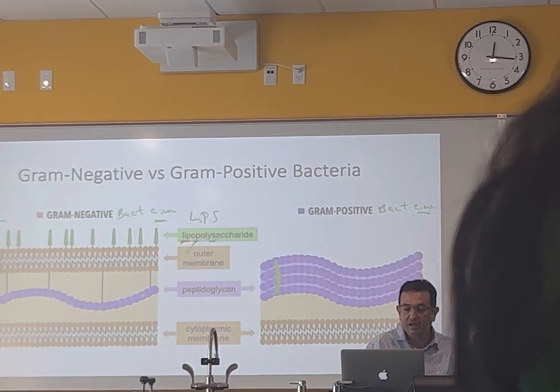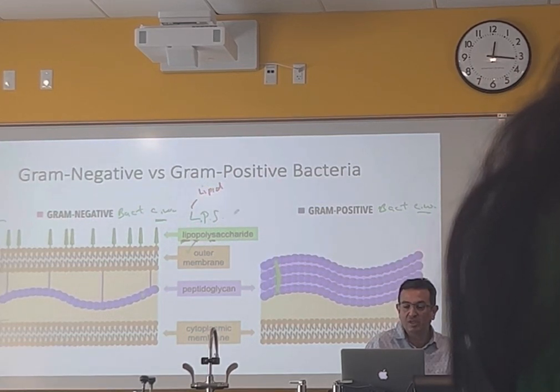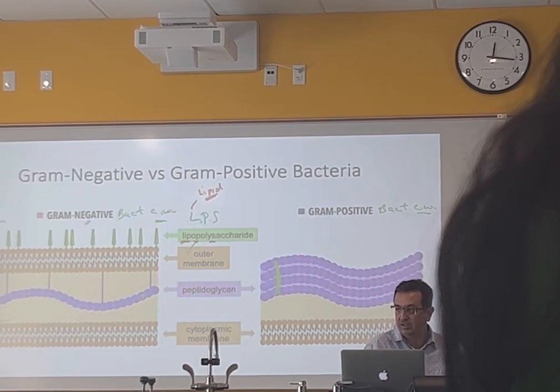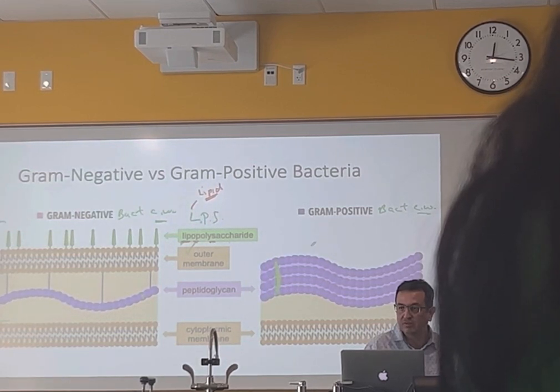Lipo is referring to lipid, so this is a sugar, polysaccharide is a sugar, that has a fat or a lipid attached to it. Only found exclusively in gram-negative bacteria. LPS is not present in gram-positive, right?